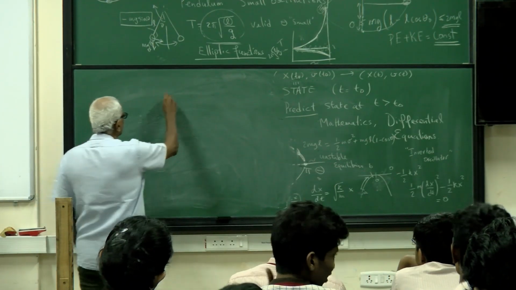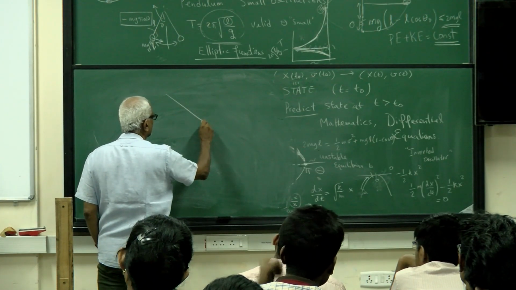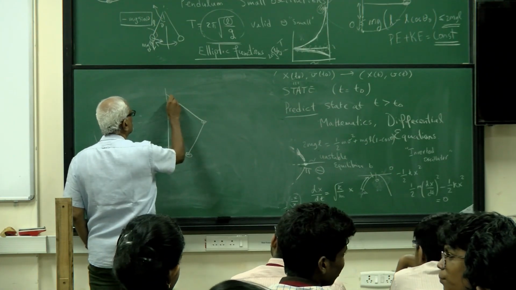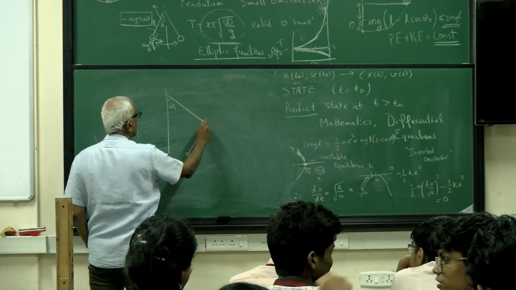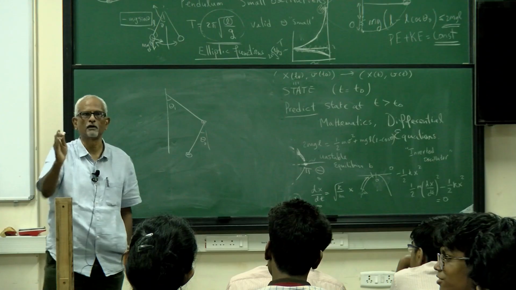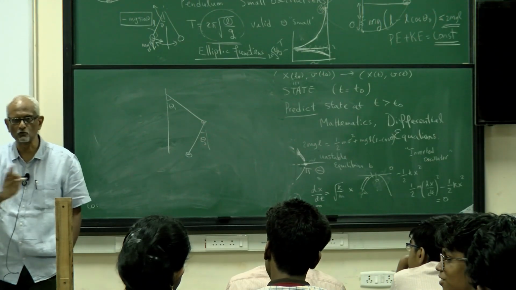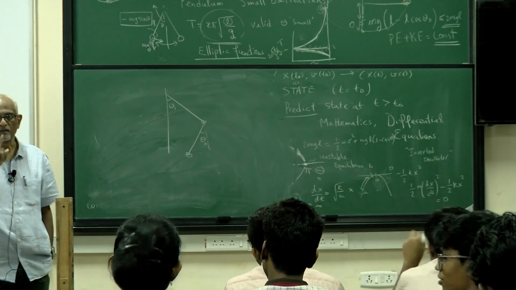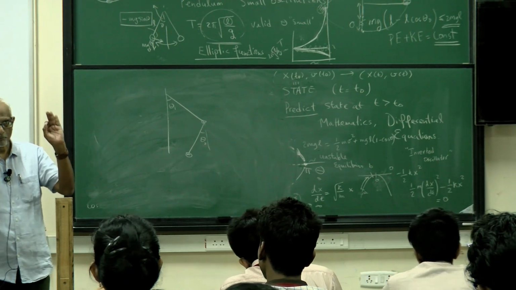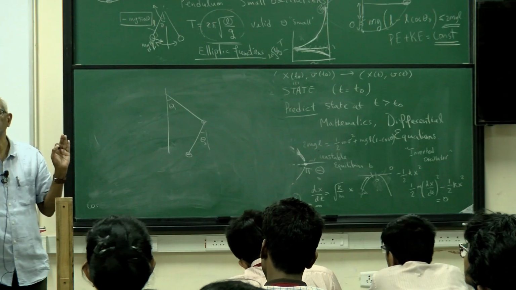A double pendulum is two pendulums, and there are two angles now, theta 1 and theta 2, the angles from the vertical of these two pendulums. There are two angles which you need to describe the position of the double pendulum. Is that clear?